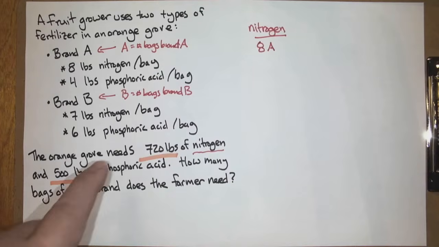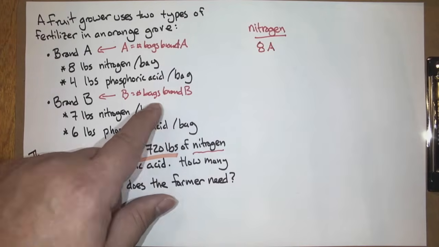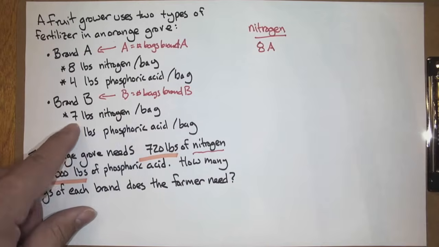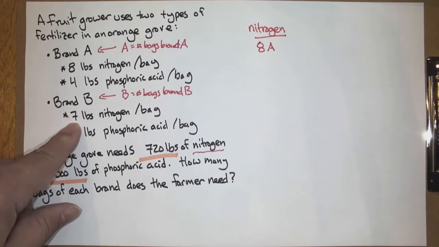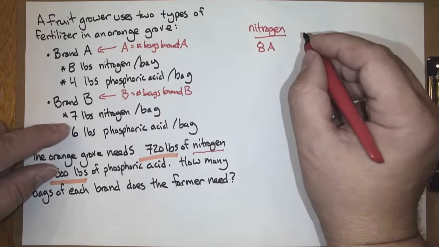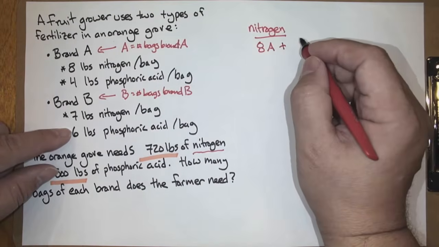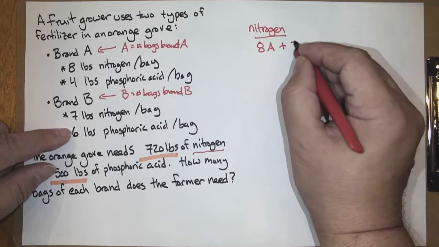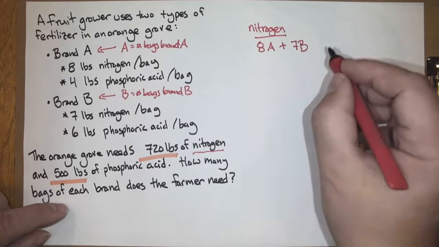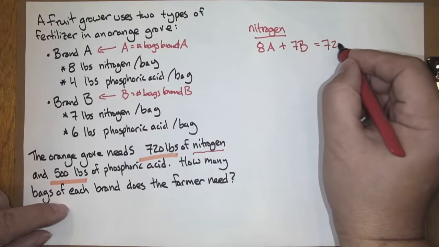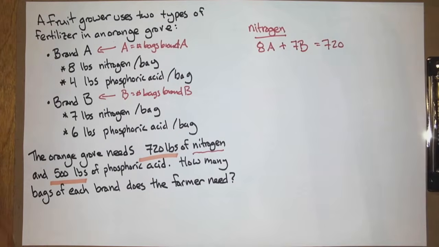Brand B. We're buying B bags of brand B. There's 7 pounds per bag. How much nitrogen is coming from those bags? The answer? 7B. Now, how much do we need? 720 pounds. So, we need to choose A and B, so that 8A plus 7B is 720.